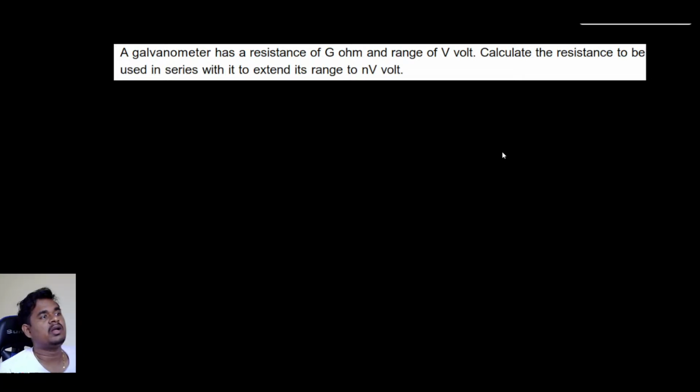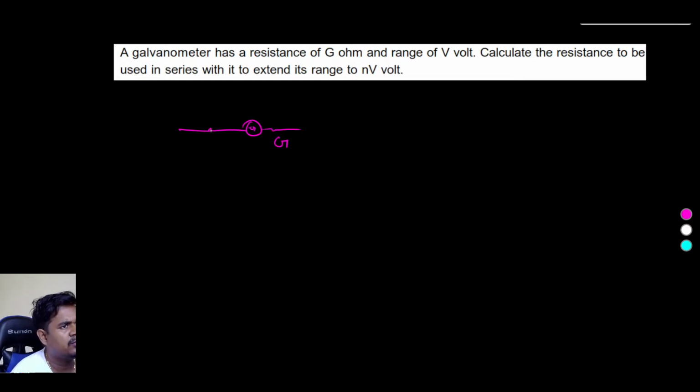Okay, so here a galvanometer has a resistance G ohm, and its range is V volt. So basically, it measures a potential difference of V volt. I will write Ig into Rg is V volt.